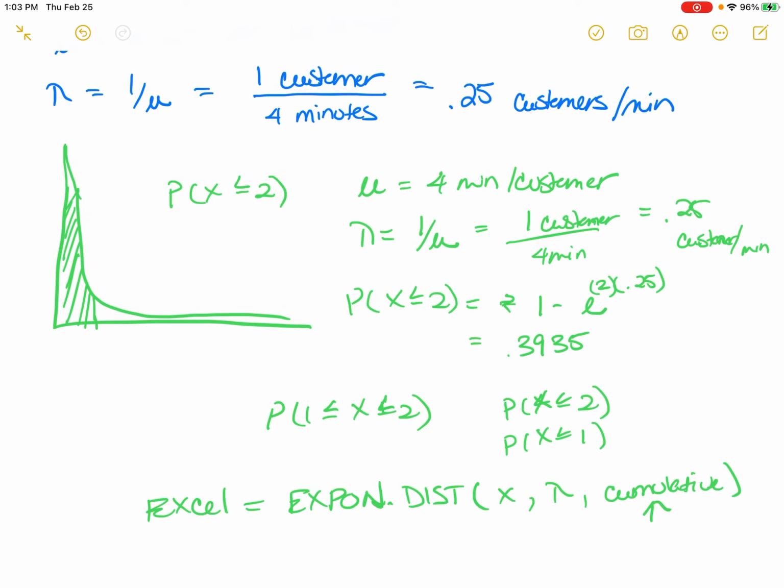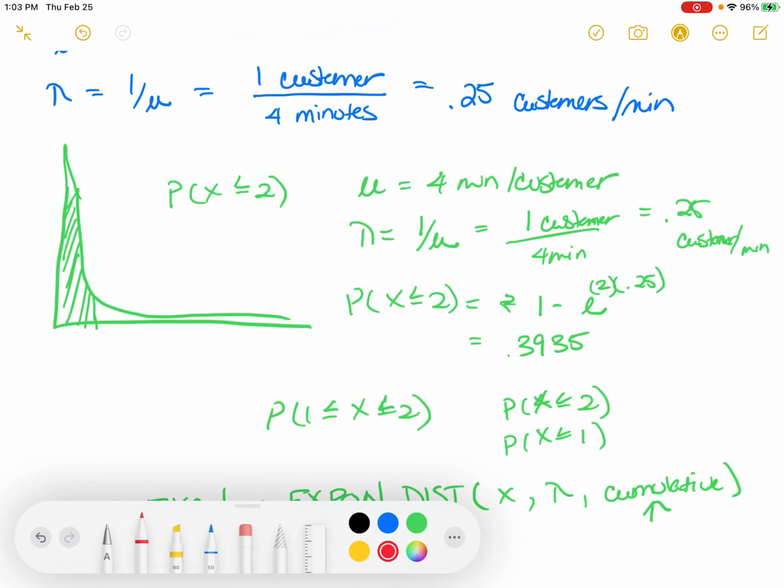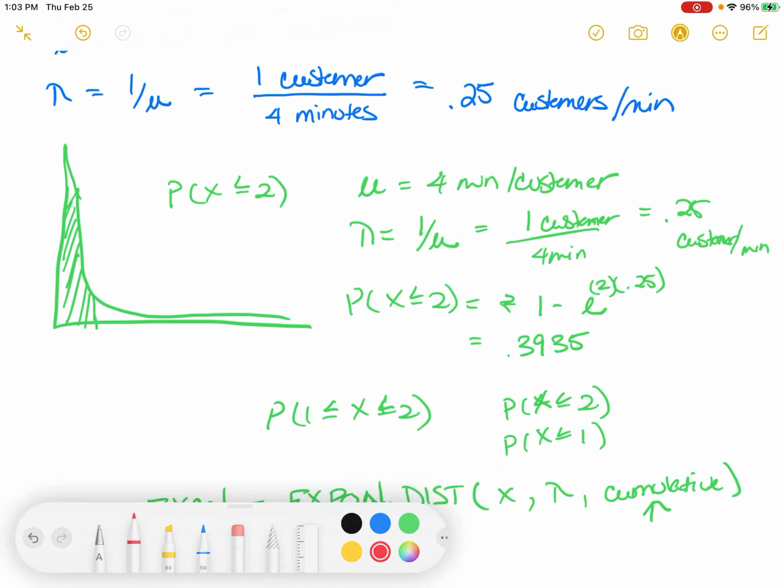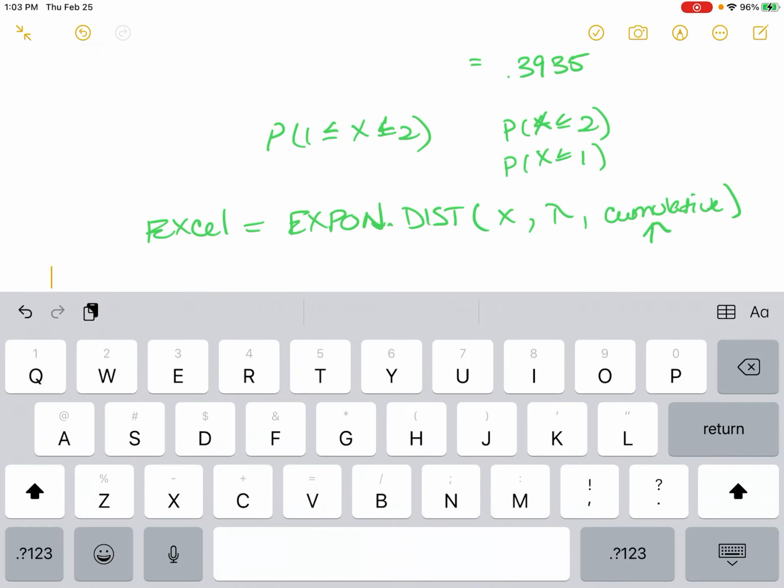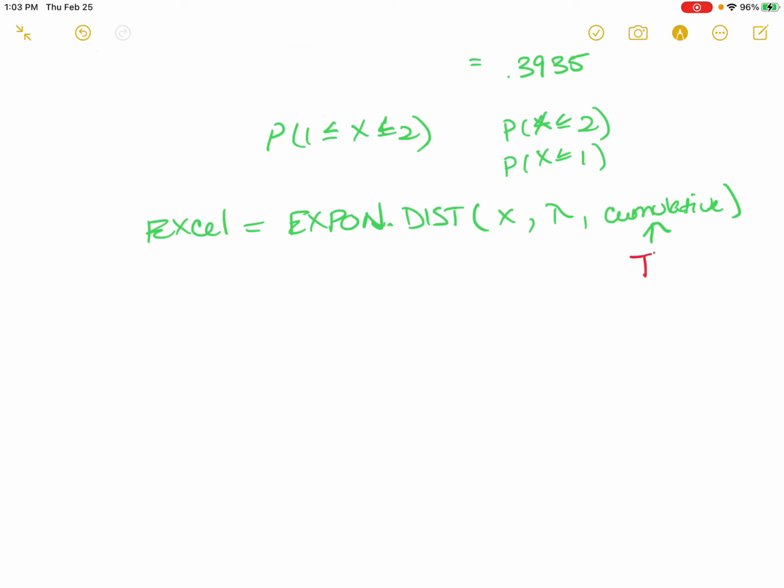And for these problems, and I'm going to write this in red, if I can get red to come up, this is going to be true.